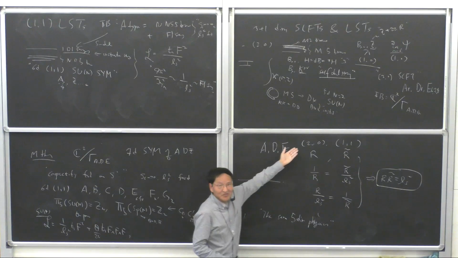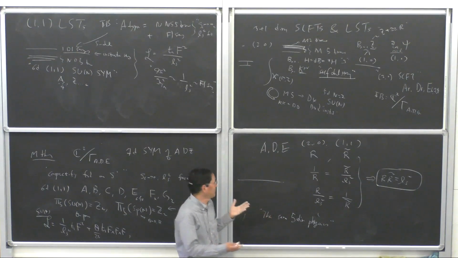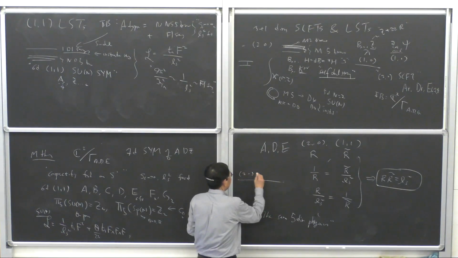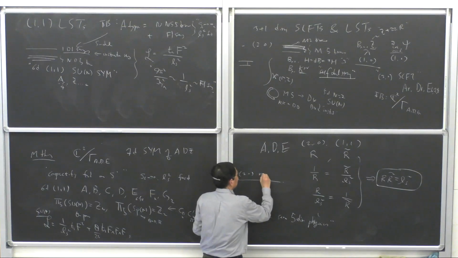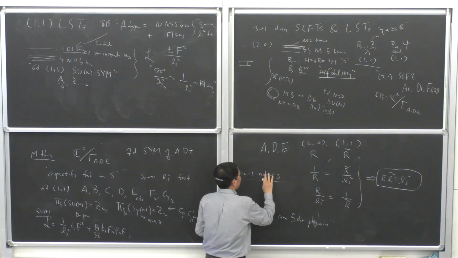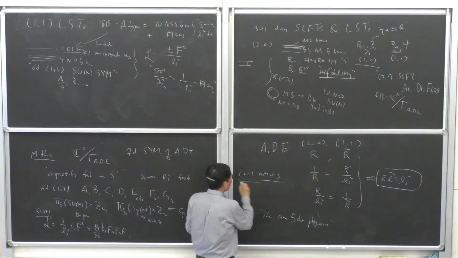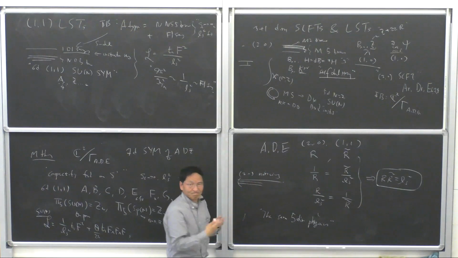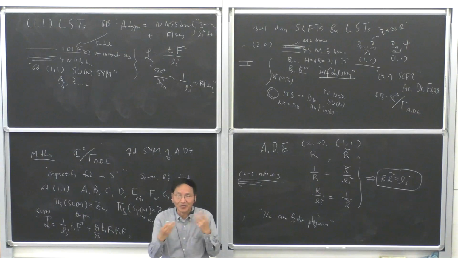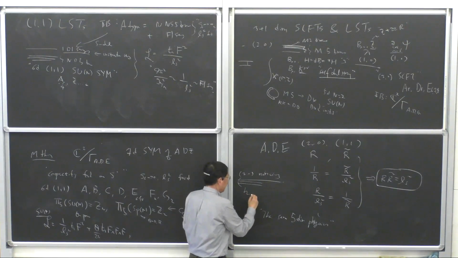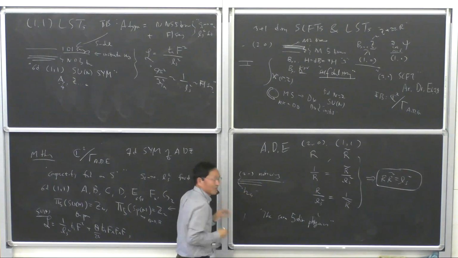Then 2,0 theory, the non-winding mode, is split into self-dual strings with constant number h. So those are a number of patterns.